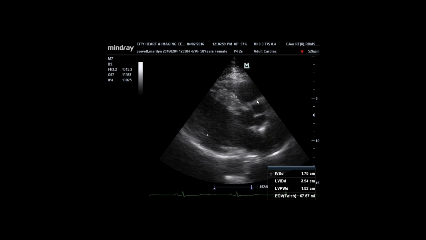You also should measure the aortic root in diastole. That's a little bit controversial, but for exam purposes, it is measured in diastole. So you have to know what measurements you're going to do in diastole and what measurements you're going to do in systole. It's very important because you're going to be tested on it.